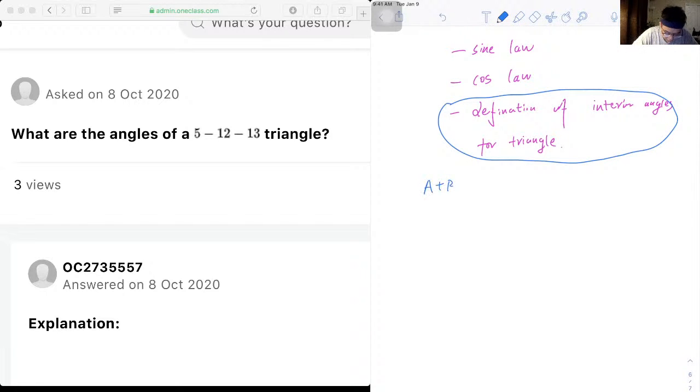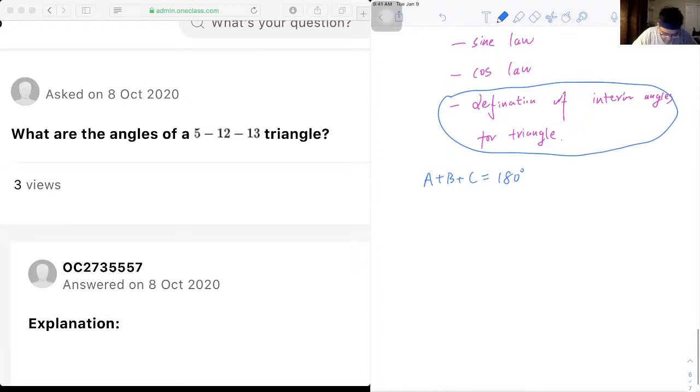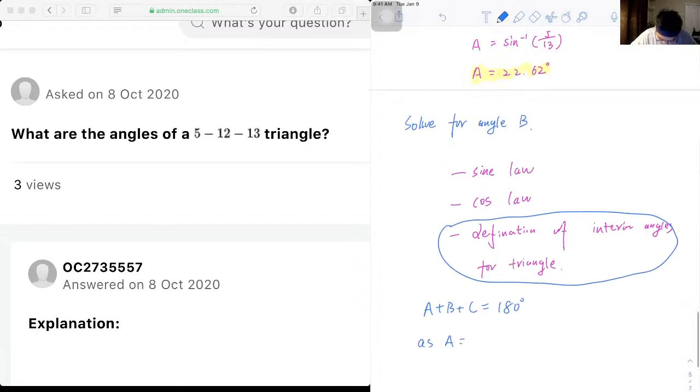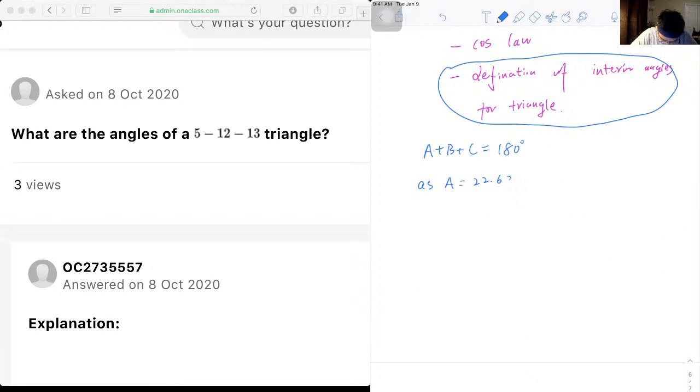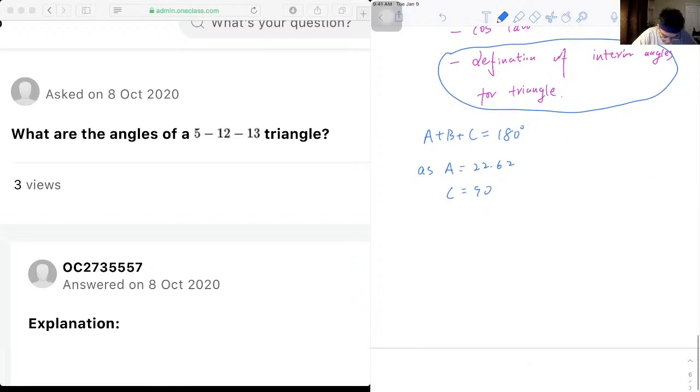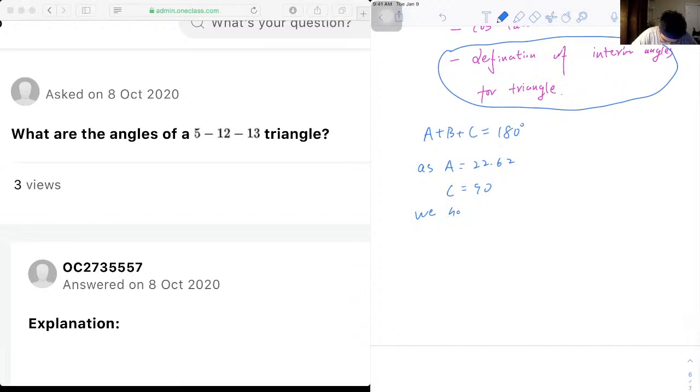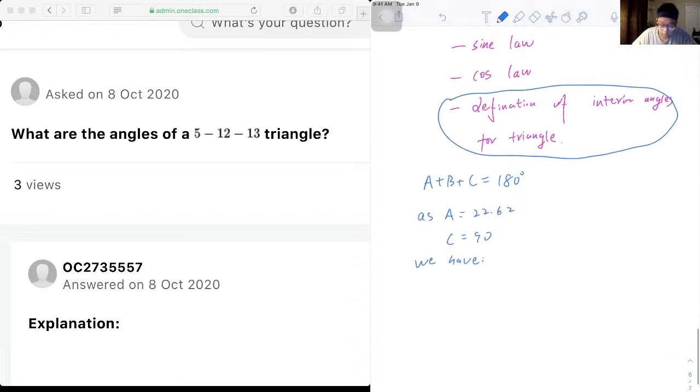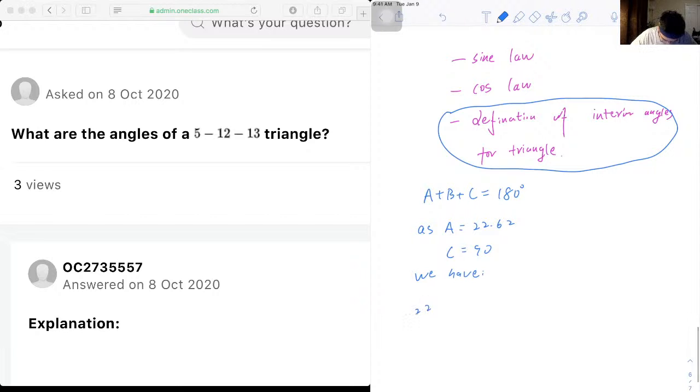So A plus B plus C is equal to 180, because the sum of the interior angles of a triangle is 180. Applying what we have, we know A is equal to 22.62, C is equal to 90. So we have 22.62 plus B plus 90 is equal to 180.